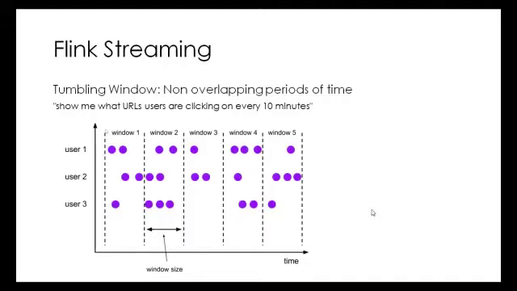The important thing to keep in mind is that the windows don't overlap. You go from 0 to 10 minutes, say, then from 11 to 20, and then from 21 to 30. You would get results computed for each of those time intervals, also by whatever key you're interested in. Here's a graphical example of what that looks like with 3 users and 5 windows of a certain window size.